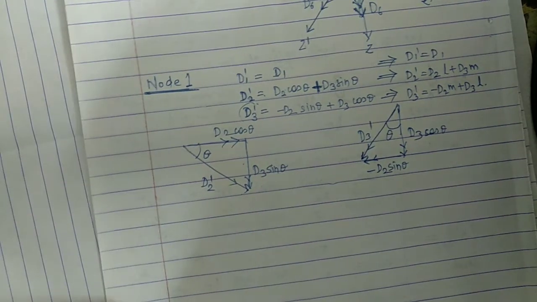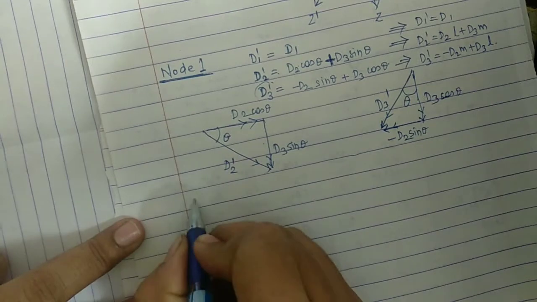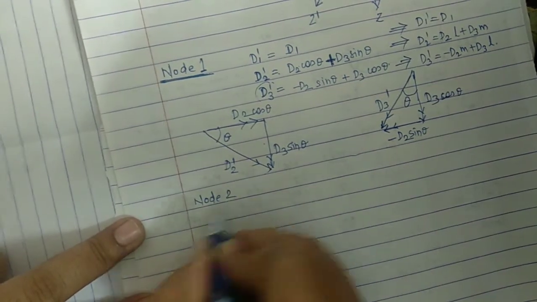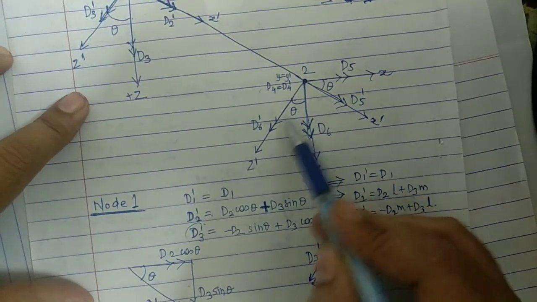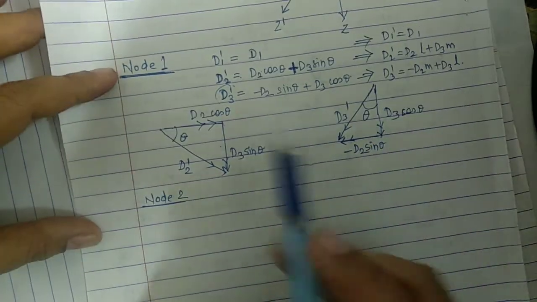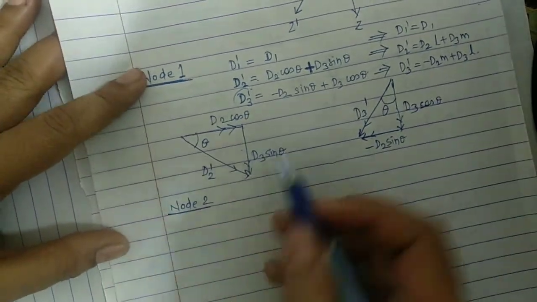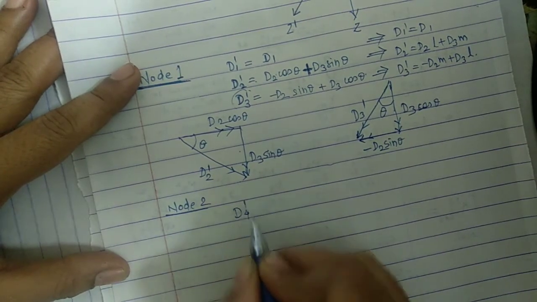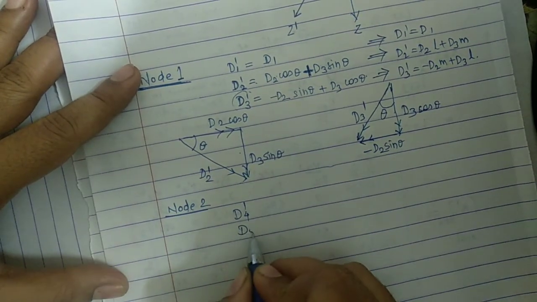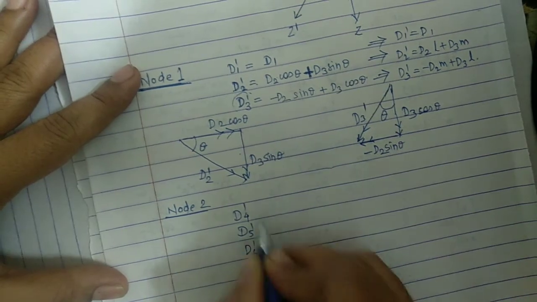Now at node number 2, the same way, at the second node we can form the triangle. We can draw it this way and write the equations for the next 3 degrees of freedom. For node 2, the next 3 degrees of freedom in local direction are d4 dash, d5 dash and d6 dash.